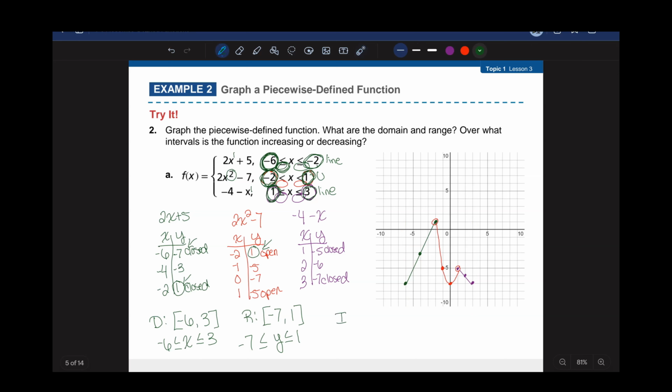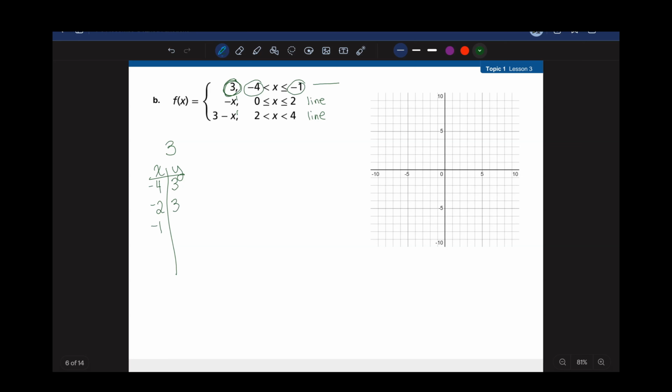This is y equals 3. So when x is -4, y is 3. When x is -2, y is 3. When x is -1, y is 3. Now, when x is -4, I see right here there's no equal to, so this would be an open point. When x is -1, I have an equal to bar, so that will be a closed point.